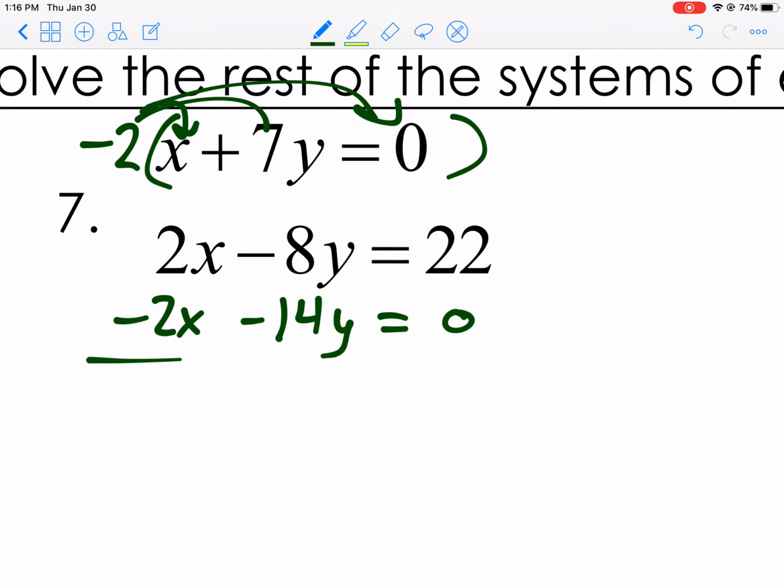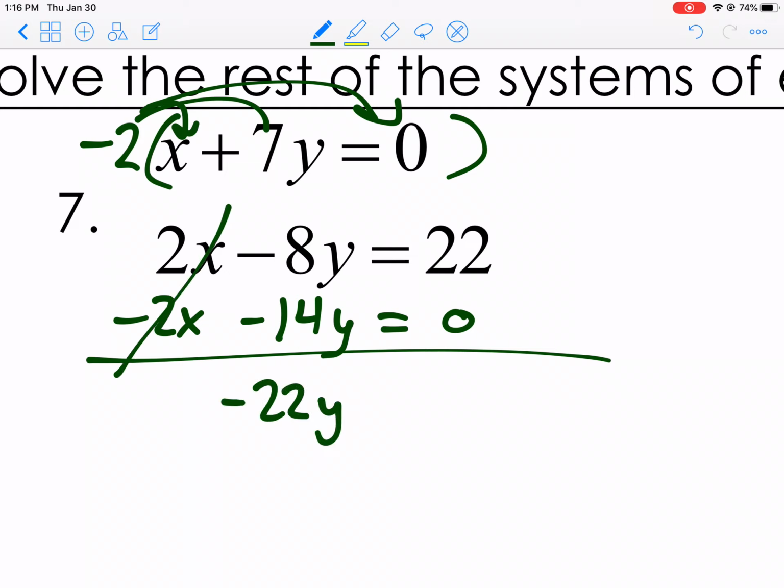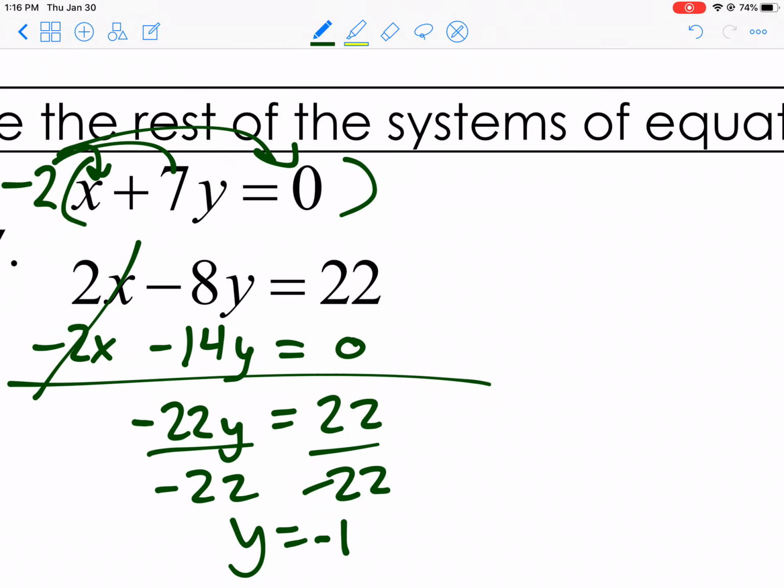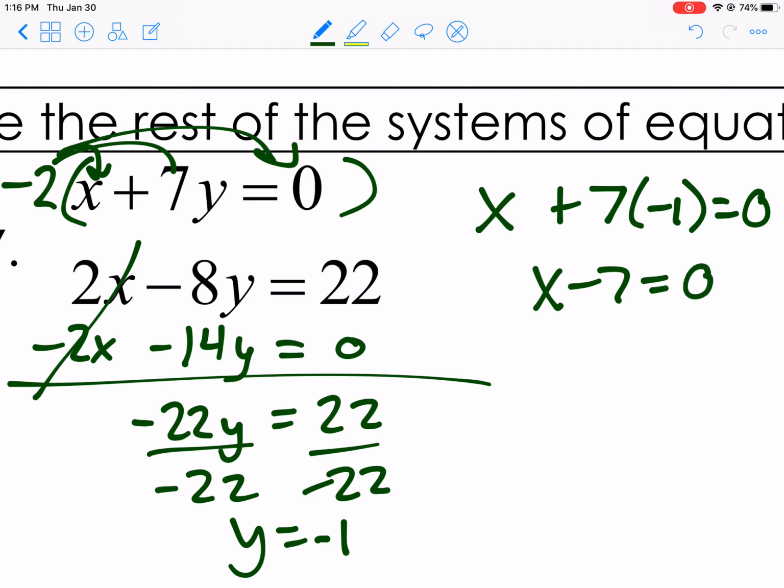Then I'll add these together and I get -22y equals 22. Divide by -22. And again, we would get y equals -1. Then we plug it in, so maybe I'd use this top one. x plus 7 times -1 equals 0. That's x minus 7 equals 0, so we would get x equals 7. The solution is 7, -1.